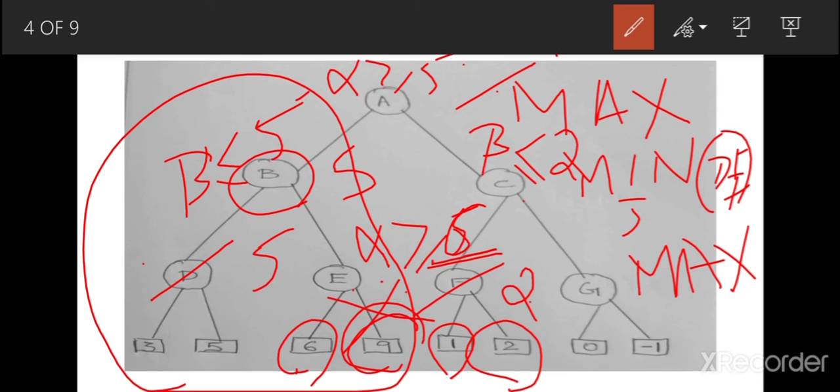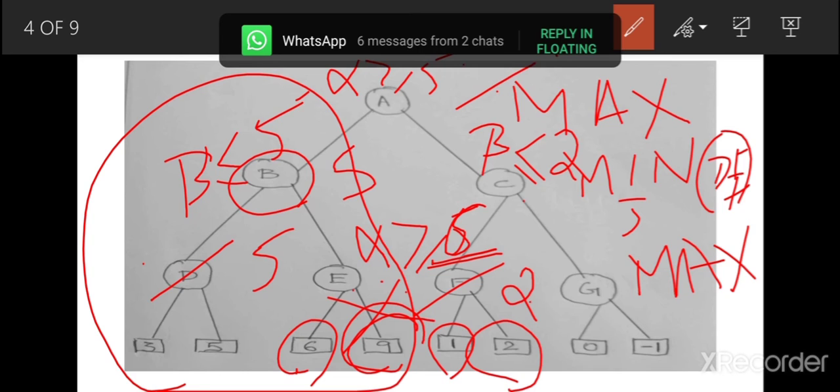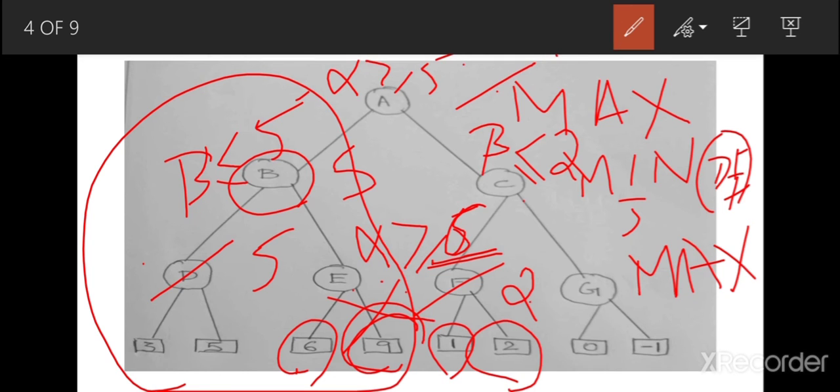So here node B is 5 and node C is 2. So at node A we are taking the maximum of 5 and 2, because here it is given as maximum. The maximum of 5 and 2 is 5.